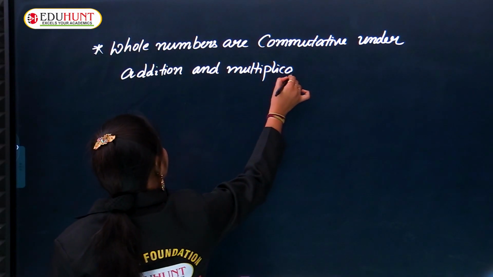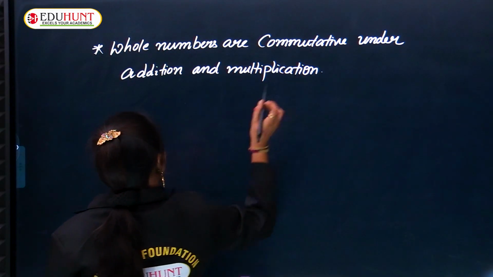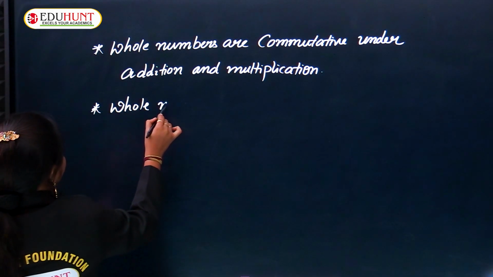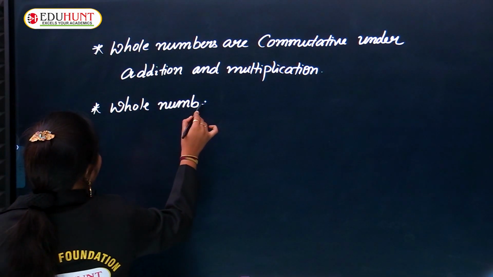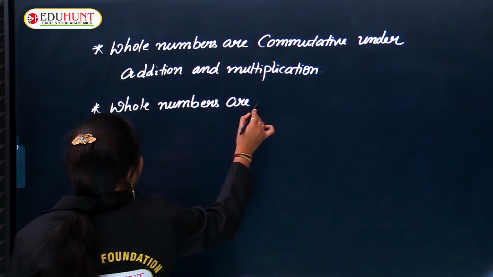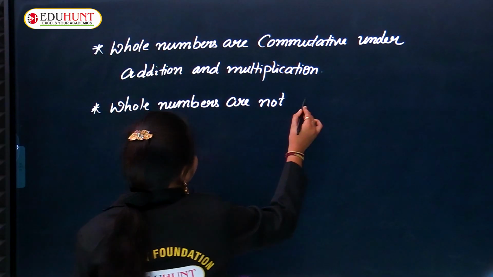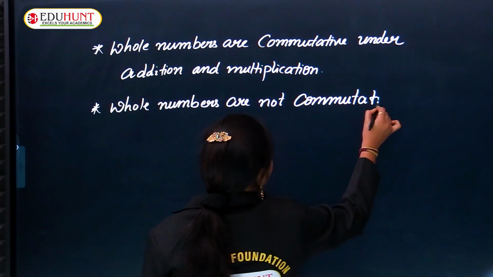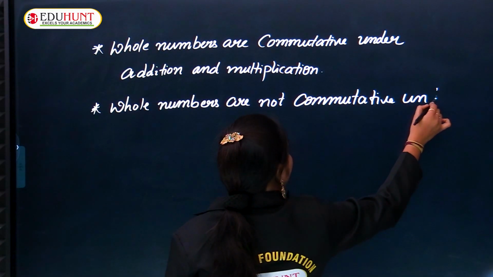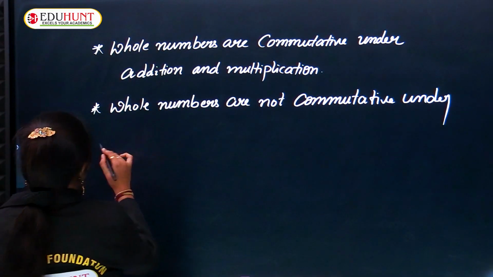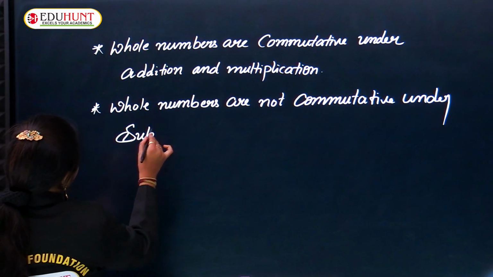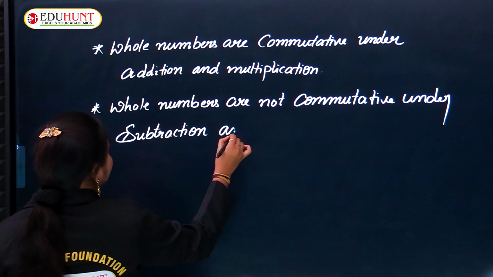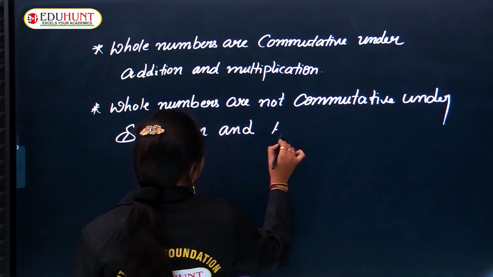And in the same way, whole numbers are not commutative under subtraction and division.